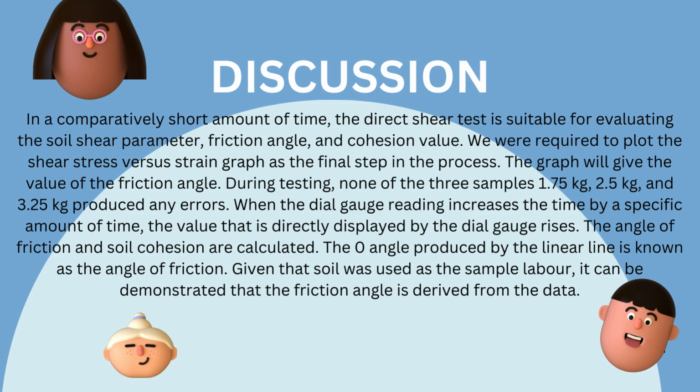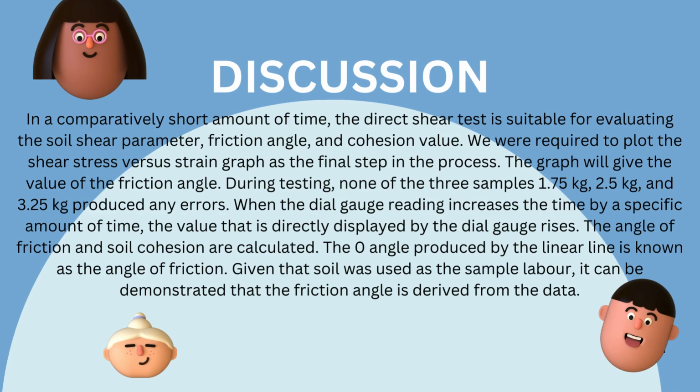We were required to plot the shear stress versus strain graph as the final step in the process. The graph will give the value of the friction angle. During testing, none of the three samples, 1.75 kg, 2.5 kg and 3.25 kg, produced any error.